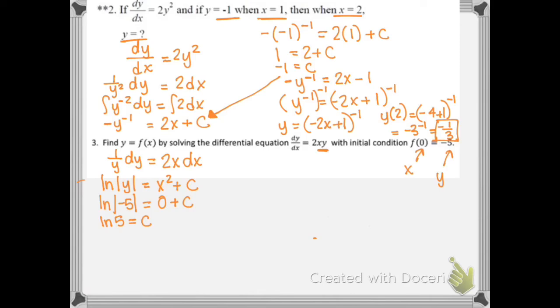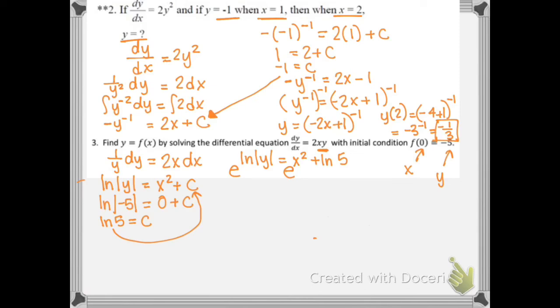Okay, what do we do with that c? Well, that gets plugged in right here. So we have ln of the absolute value of y is equal to x squared plus ln 5. Okay, we need to get y by itself, so I have to get rid of that ln next. So I'm going to give both sides a base of e.